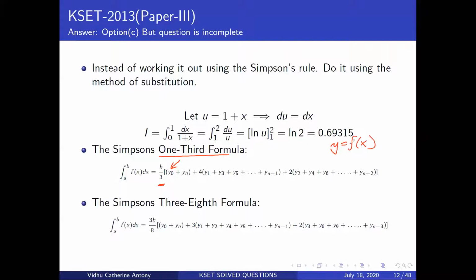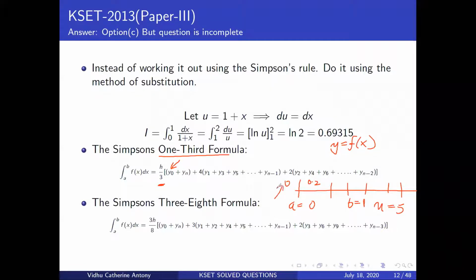You divide the range into a set of intervals. Say you have a as 0 and b as 1, and n is equal to 5. You divide 0 to 1 by 5, and you get 0.2.